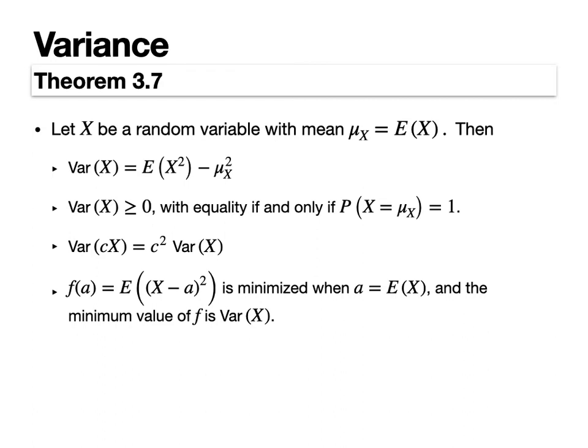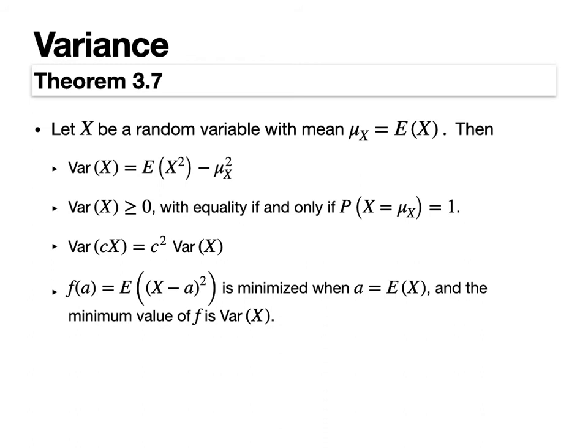And then the last bullet point answers a question that I posed earlier in one of the discussions. If you look at the expected value of the quantity (x minus a) squared as a function of a, you'll find that it's minimized when a is equal to the expected value of x.